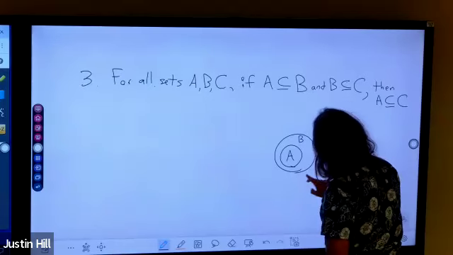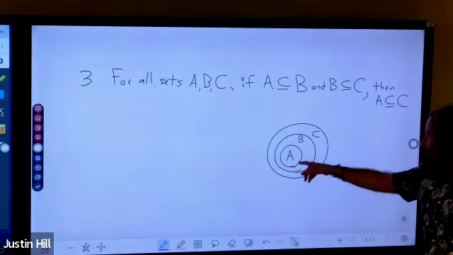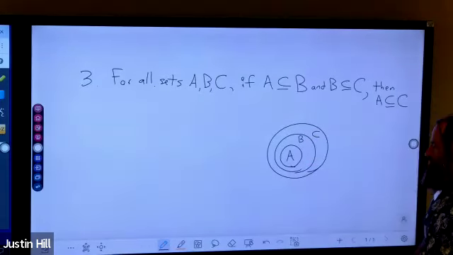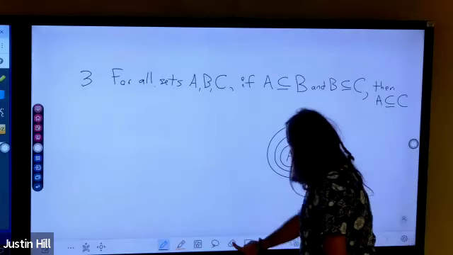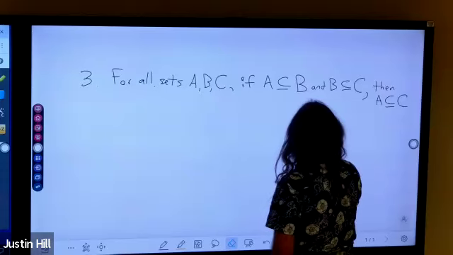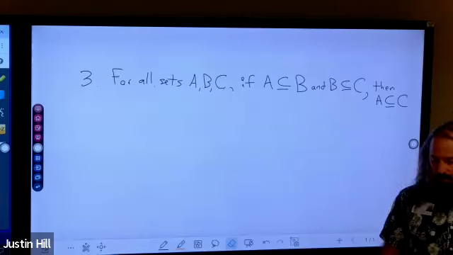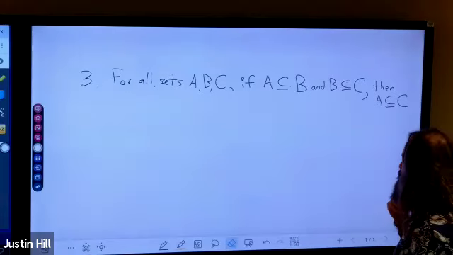But B is a subset of C, so C is some circle around B. So this should work. A should be within C. It should be a subset of C. So both in definition and idea, this should work. And so we want to go prove this.